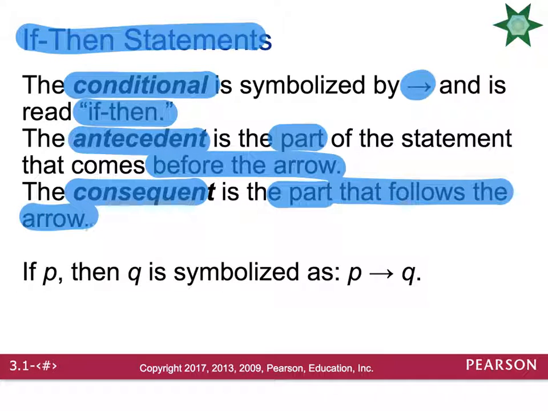So in this case, P is our antecedent, and Q is our consequent. And this literally means if P, then Q. That P arrow Q. And the arrow always points to the right.